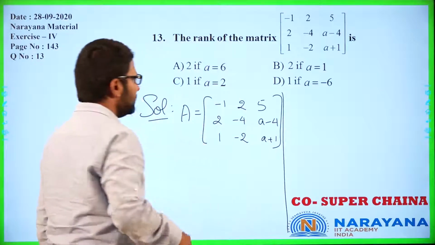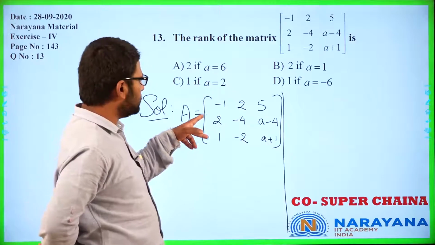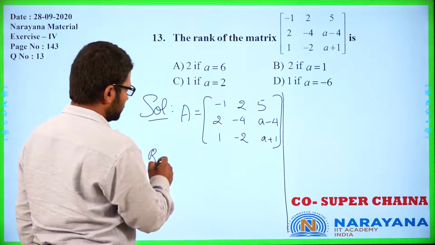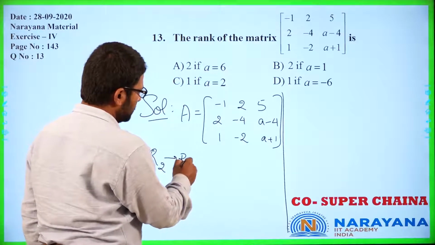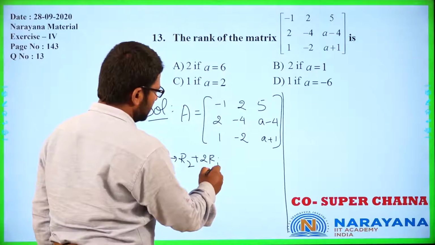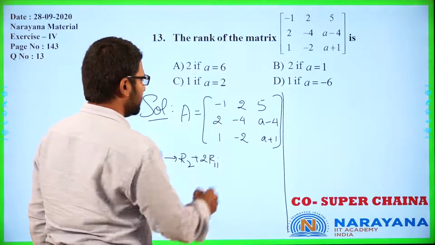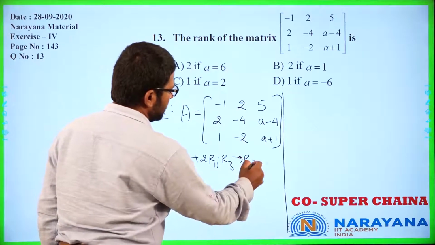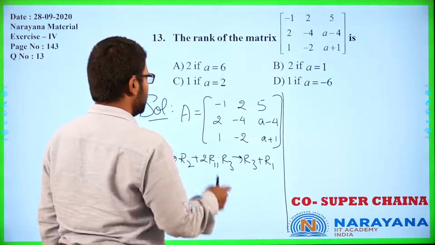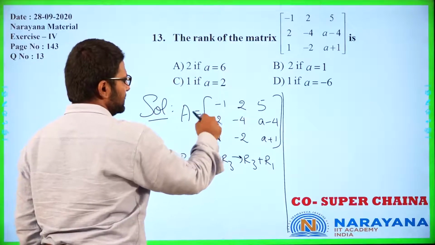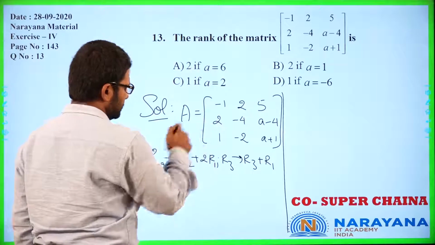Now for us to get echelon form, what should we do? Convert 2 and 1 into 0, right? So we will do row transformations. R2 goes to R2 plus 2 R1, and R3 goes to R3 plus R1, right? By that, you add double of this to this will be 0. You add these two, this becomes 0, right?